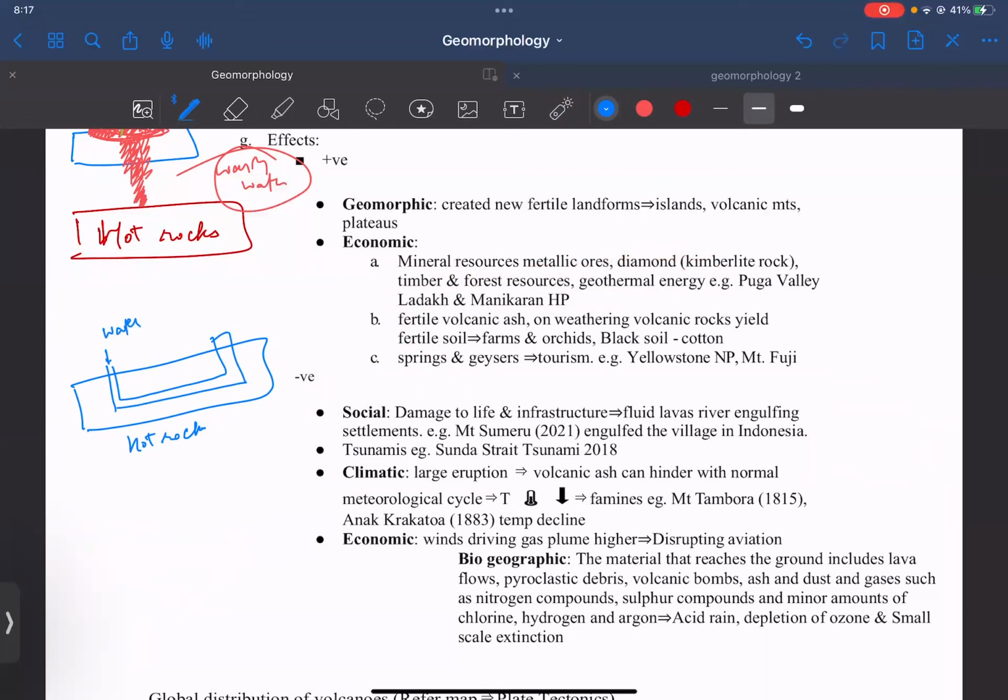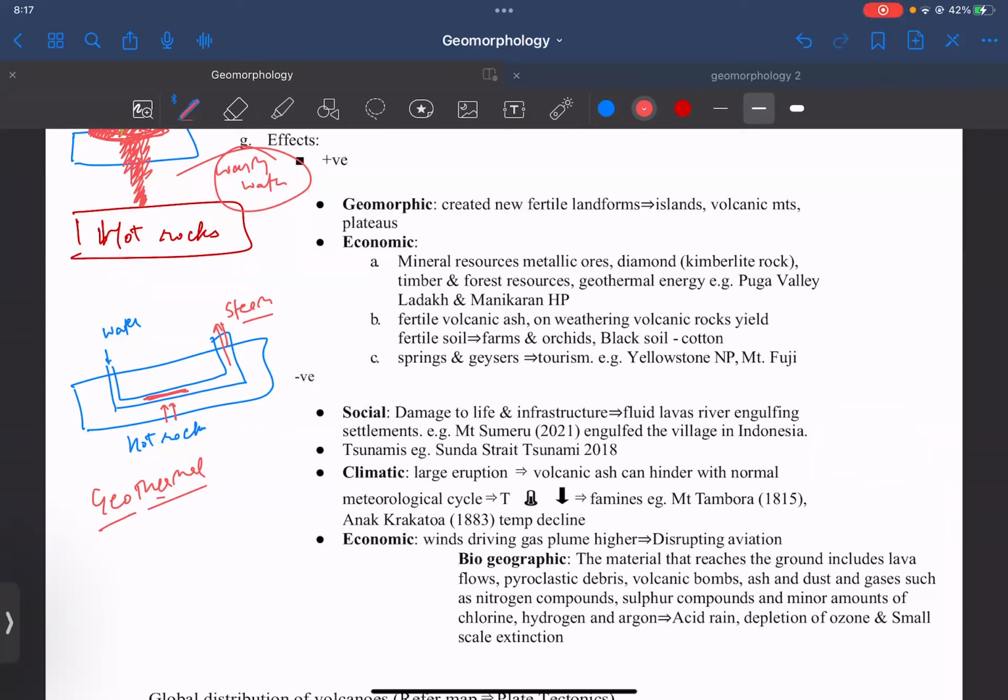So what will happen, as water moves, it will absorb the heat of the hot rocks, and once water absorbs heat, it will turn into steam, so the steam will come out from another vent, and through that steam we will run the turbines and we can produce energy. So this is known as geothermal energy. Geo means earth, thermal means temperature, so we are using the heat of the earth to produce energy.